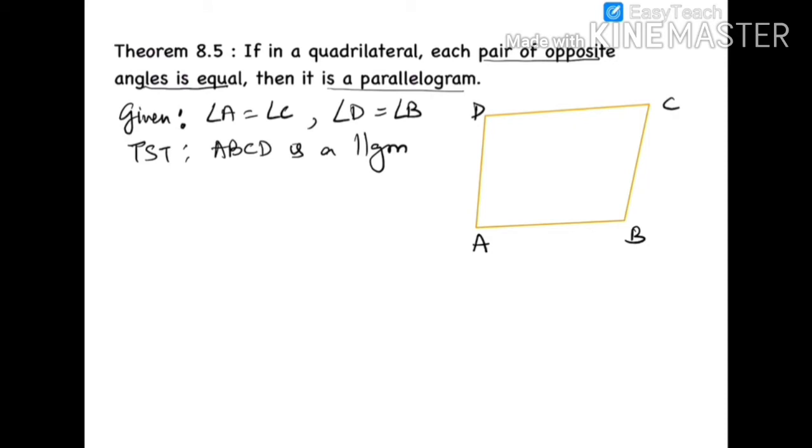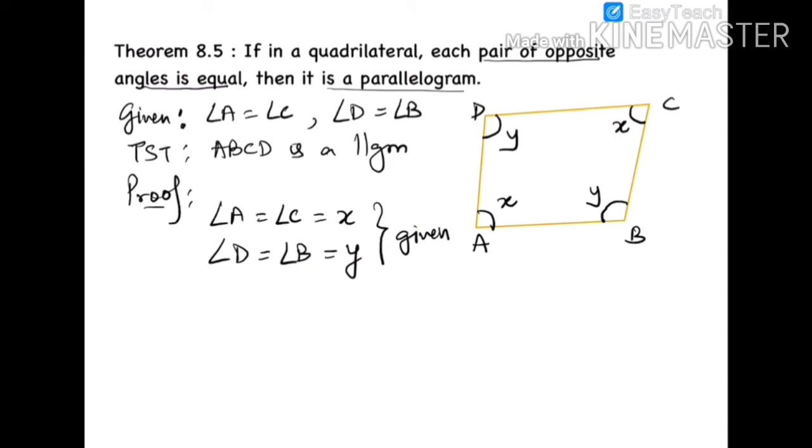To show ABCD a parallelogram, we will have to show opposite sides equal or parallel. But we will have to proceed according to the given data. So angle A is equal to angle C. Since they are equal, let's mark these two angles with some variable x. Likewise, we will mark angle D and B as y because both of them are equal.